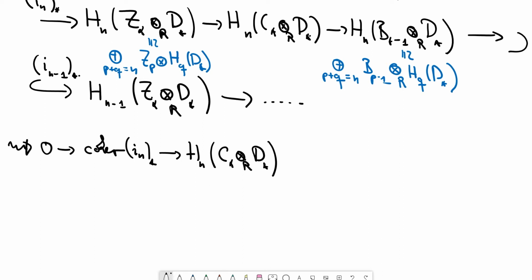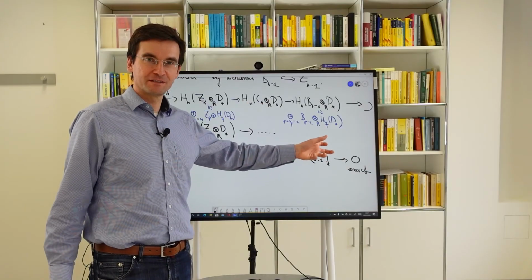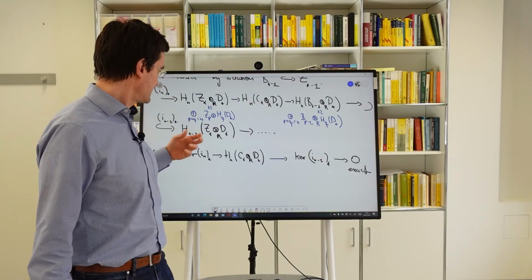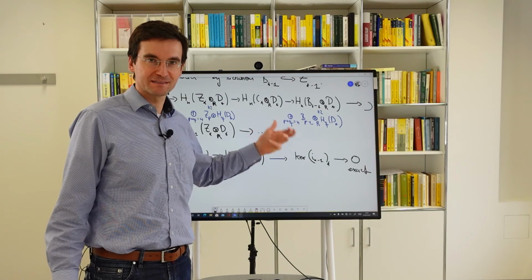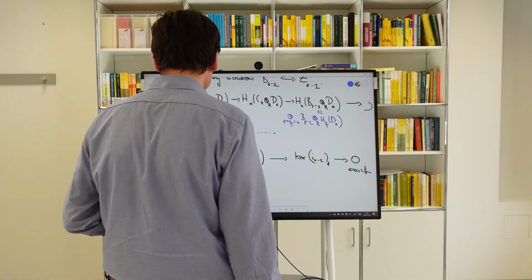Yeah, and then here we replace this by the kernel of i n minus 1 star. So this is exact. So now we only have to figure out what the co-kernel and the kernel are, and hopefully they are what we expect, or what is stated in the theorem.